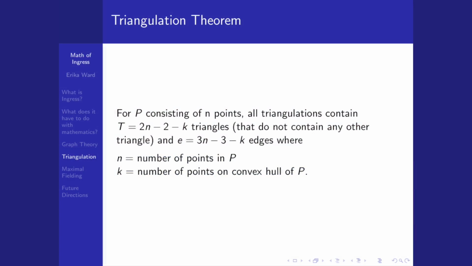So there's a triangulation theorem, and this is out there in the literature, that if you have a point set that has n points, so n portals, n vertices, all of the triangulations have the same number of triangles, and we have a formula for it, and they have the same number of edges, where n is the total number of points in the thing, and k is the number of points on the convex hull.